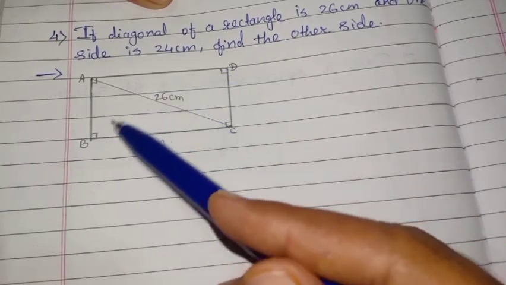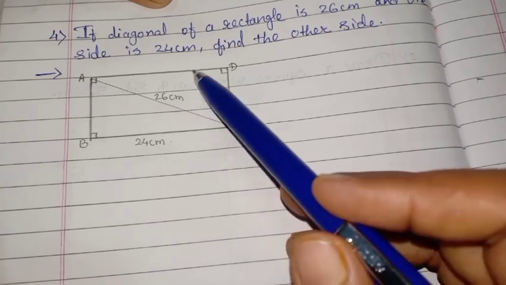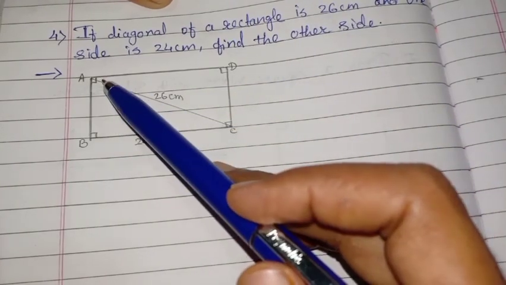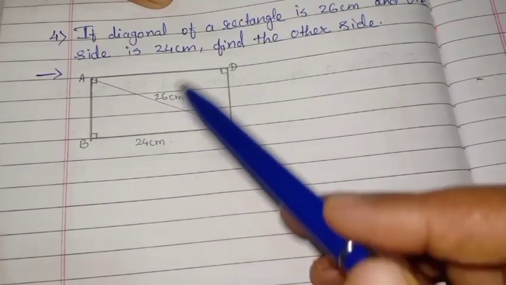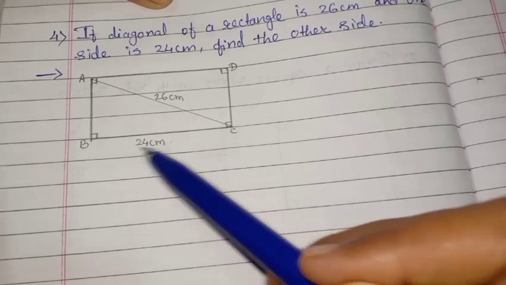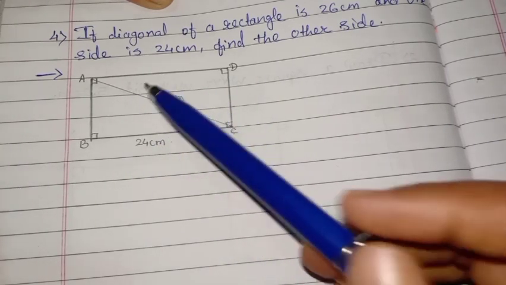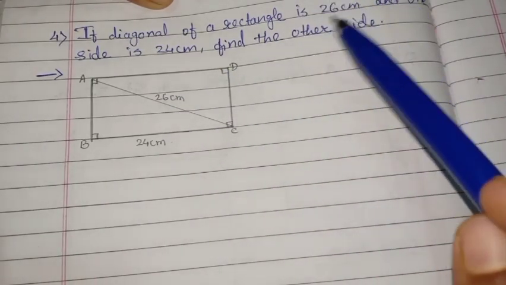This is a rough figure, not proper measure. This is just a rough figure to get the idea about the given condition. Rectangle is ABCD, side is 24. Suppose side BC is 24 and one diagonal is there. Suppose this AC is the diagonal, which is 26 centimeters.